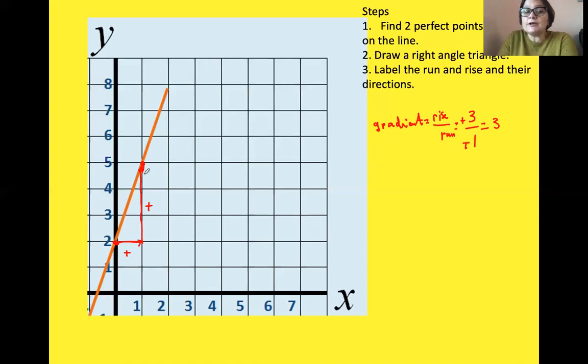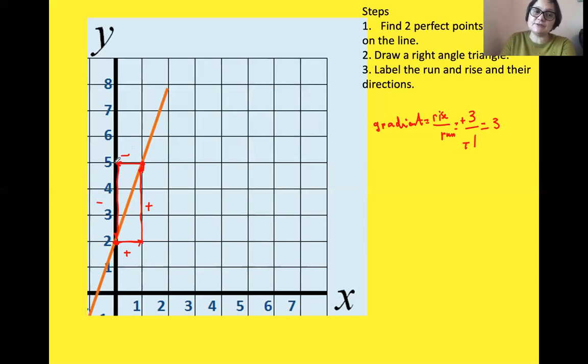Now, you can build the right angle triangle on this side of the line. So it could go like this. You start from the second point here, and you can go left and down. But in this case, the run is going to be negative, and the rise is going to be negative. Can you see the direction of the arrows?